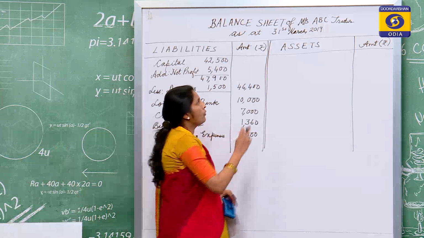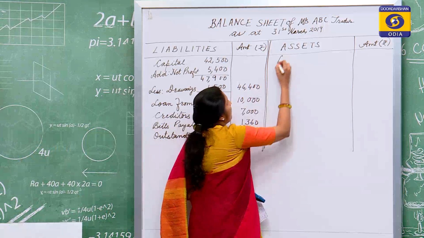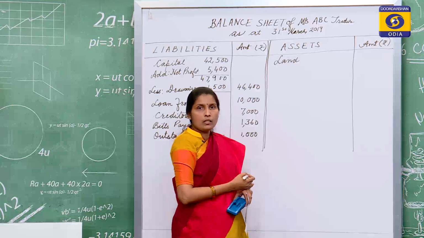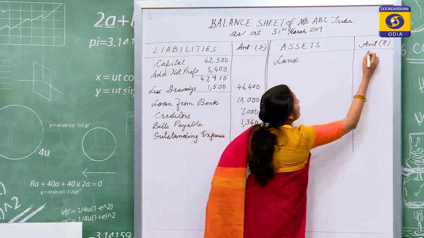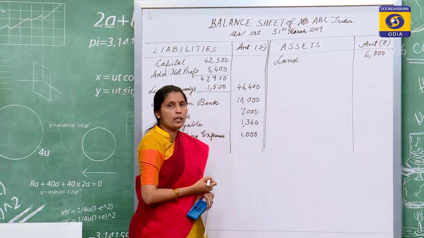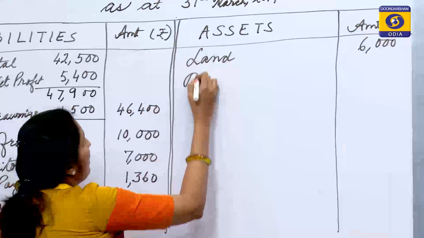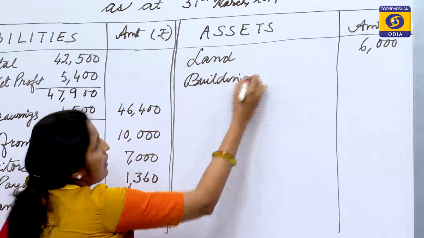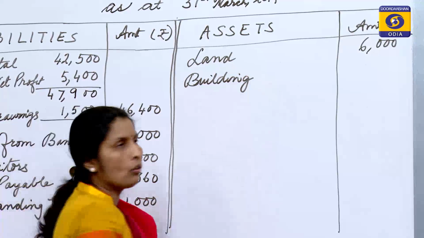On the asset side, with the more permanent asset, we'll have land. So land, the value given to us is 6,000. Next we have building. The amount for building given to us is 38,000.